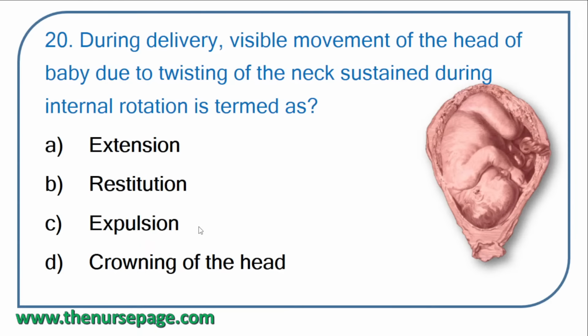So all of you know, during delivery, the delivering part should be in an anterior-posterior diameter. Then only delivery is possible. So after the delivery of head, the next part is shoulder delivery. The shoulder will come into the anterior-posterior diameter of the pelvis. At that time there will be a slight internal rotation of the shoulder, so the neck will be twisted.